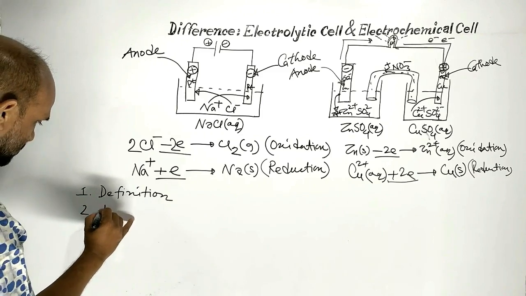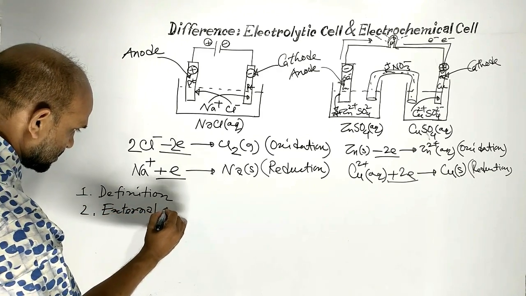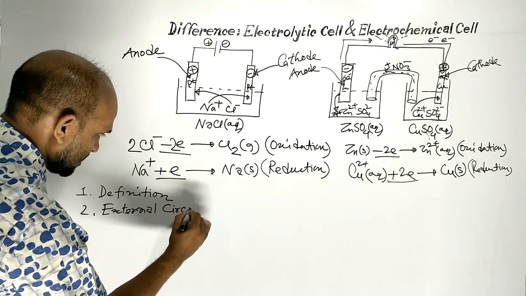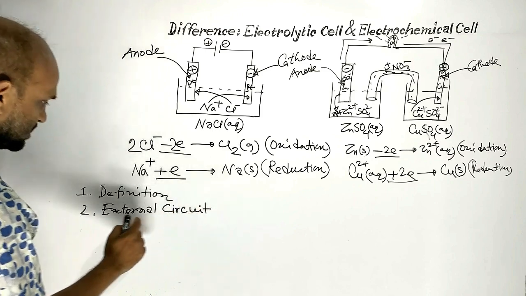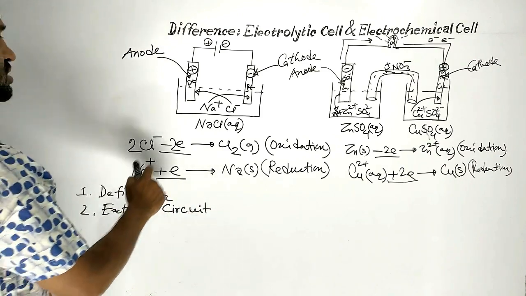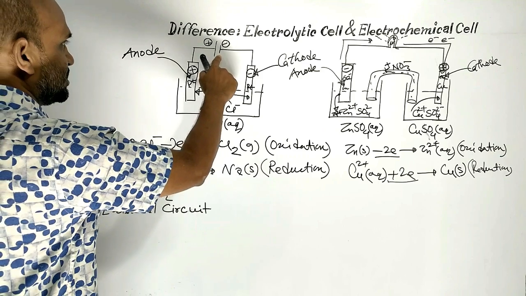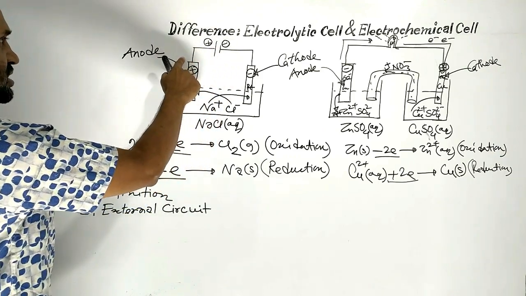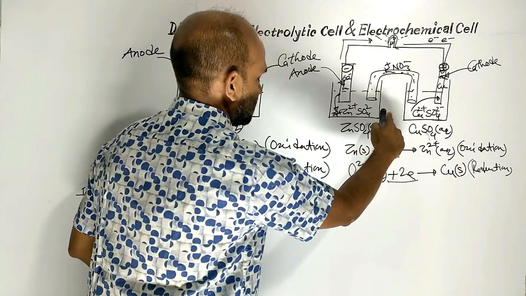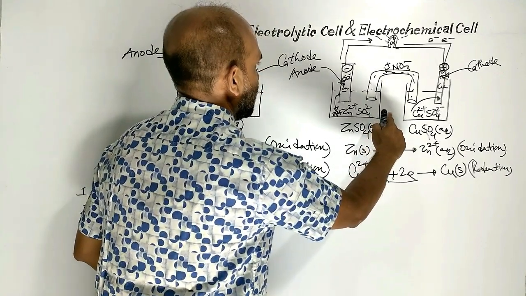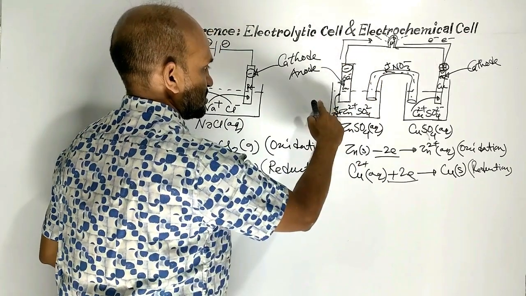Number two, external circuit. Electrolytic cell contains a source of electricity in its circuit, but electrochemical cell doesn't contain any source of electricity in its circuit.